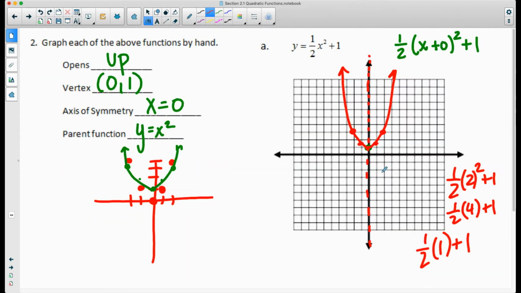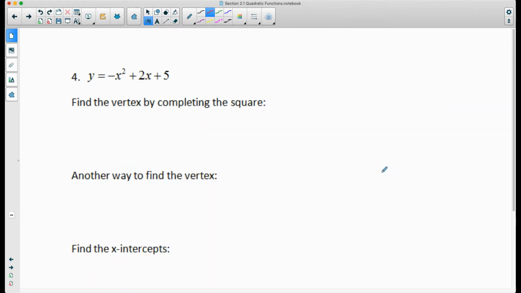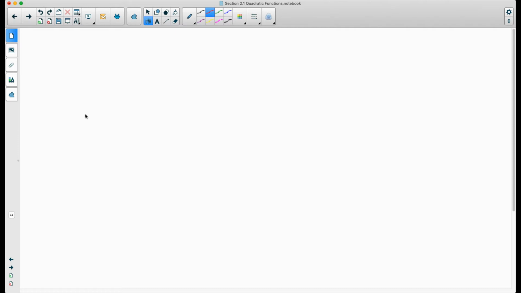So really, if you're going from general form to vertex form or standard form, whatever they want to call it, then your a values are going to be the same. So for example, let me show you one where it doesn't work out that way.